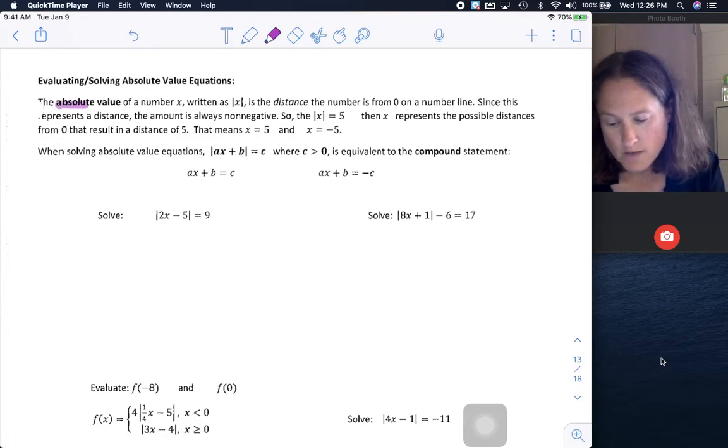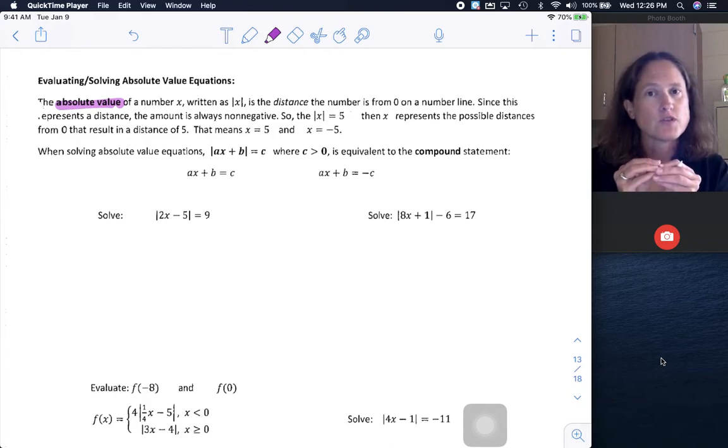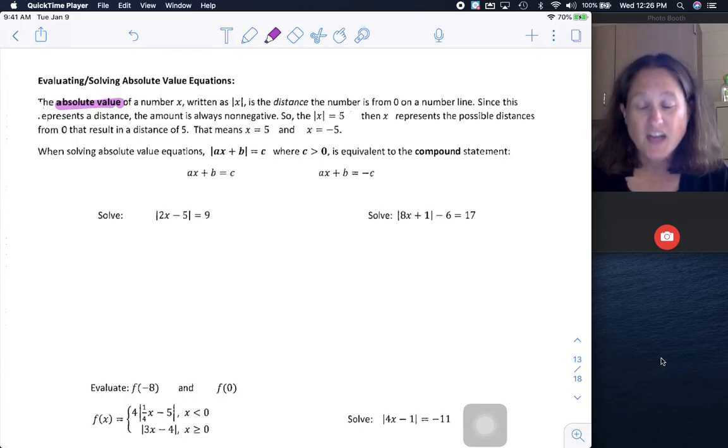Anytime you are solving an absolute value equation, remember it represents the distance from 0 on the number line. So you can either go to the right or to the left. That's what you can do on the number line. So you end up getting 2 solutions for absolute value equations also, most of the time, not always.